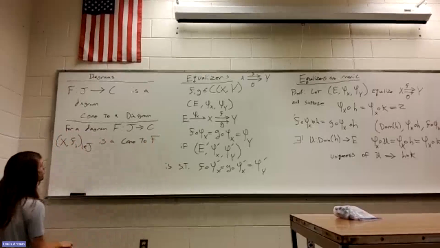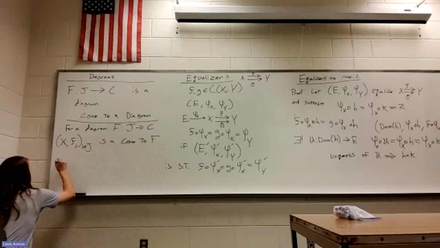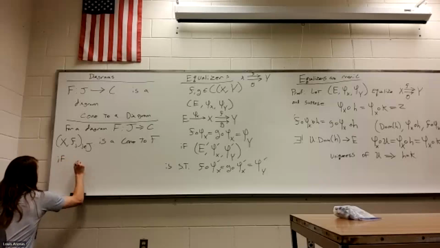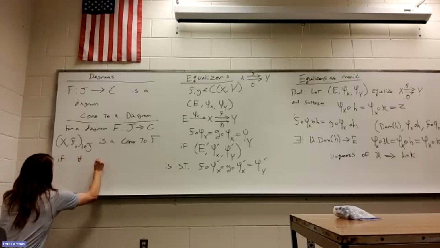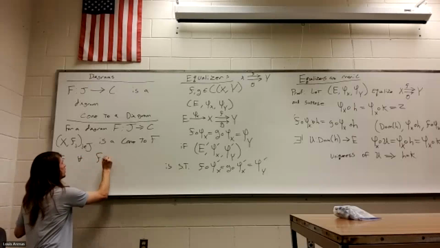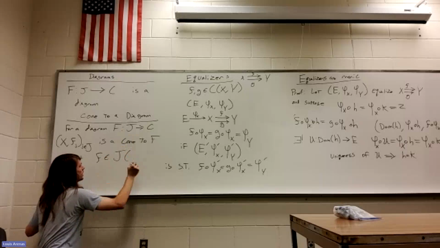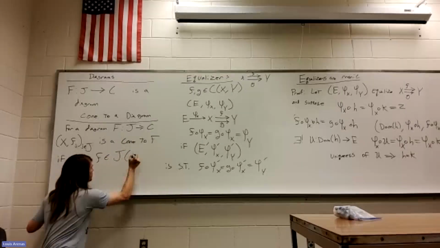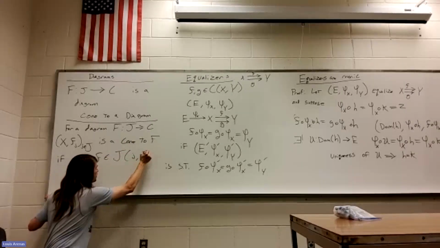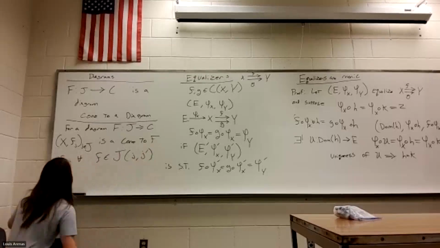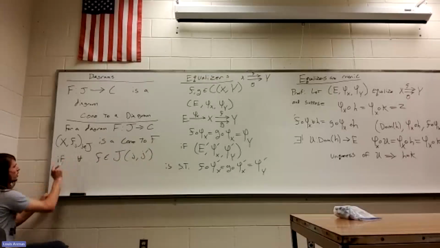So if the following is true, so if for all f in my what's called the index category, so here j, little j prime, we have the following.